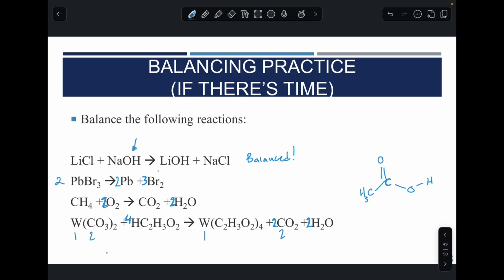We have 6 oxygens, and that's 2 plus 4 plus 2 times 2 plus 2 is 6, and so we have 6 oxygens. We have 4 hydrogens from the acetate ion, and 4 hydrogens over here. Perfect. And we have 4 acetate ions that come from multiplying this by that, and we have 4 acetate ions over here.